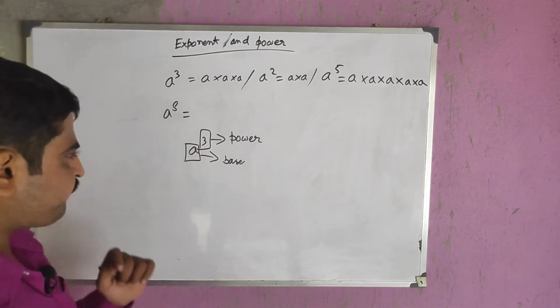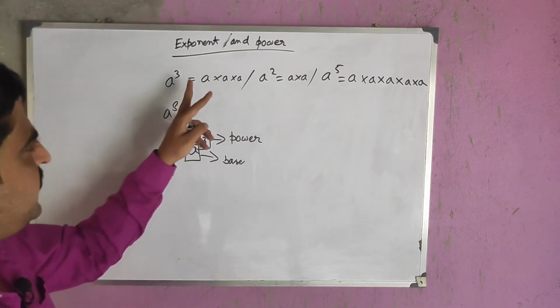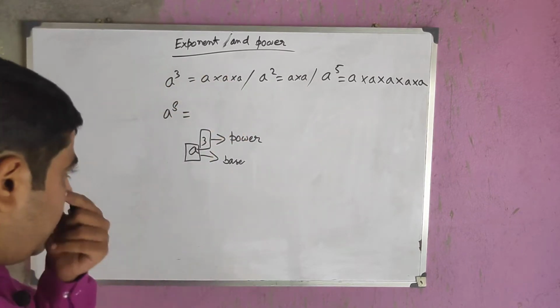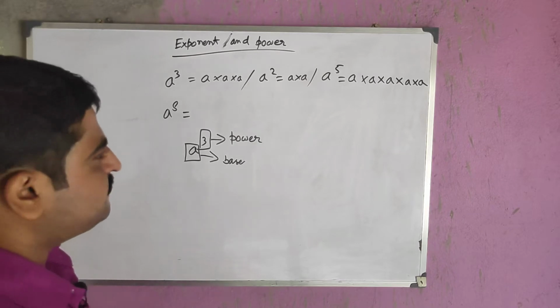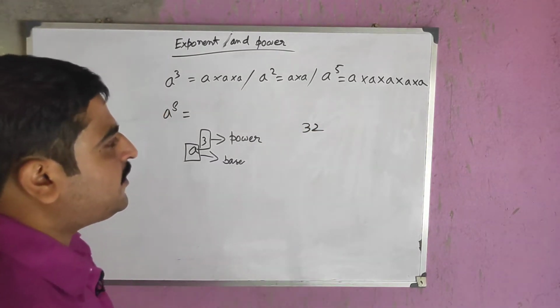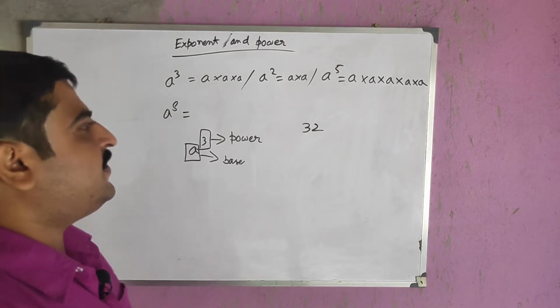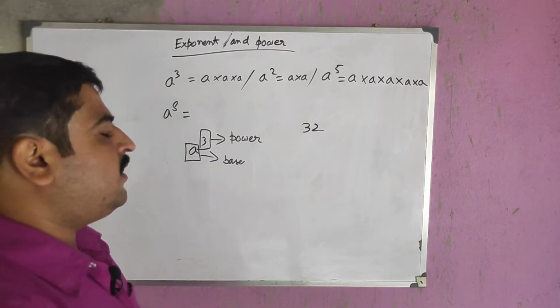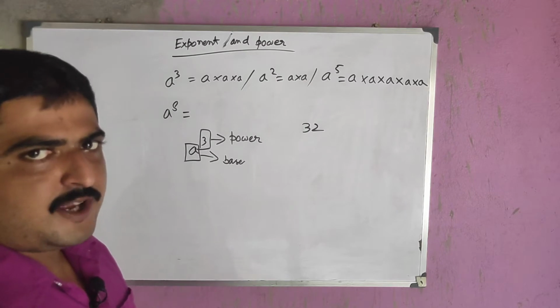Now a cube means a into a into a, and like that. Let a number be 32. You have to express it as some number's power. So how can you express that?